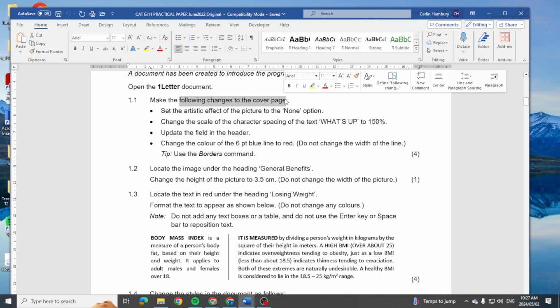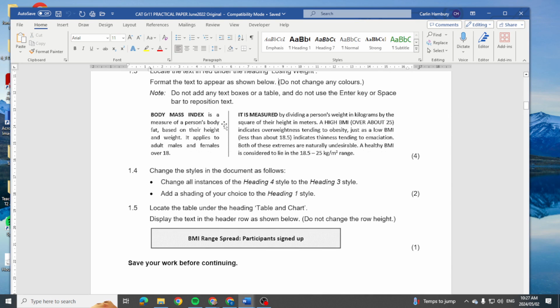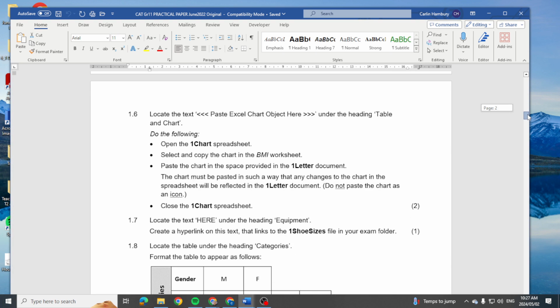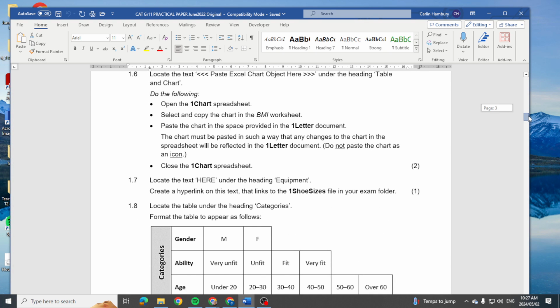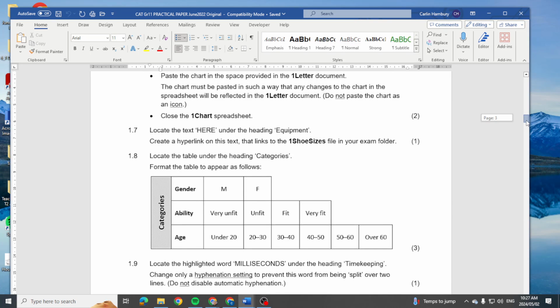The cover page, being able to insert a cover page, changing that, inserting and editing images, changing your text into columns with a line in between and modifying the spacing over there, paragraph formatting, styles, inserting a table as well. Being able to insert an object and have it appear with an icon and link it to the original file.